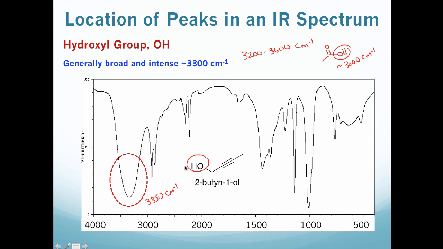That corresponds to the OH, and that's because this OH bond is stretching. It absorbs that energy, giving us this peak on the spectrum. Now we can go through and identify the alkyne and some other things in the spectrum, but we'll get to that later. We're just going to look at specific functional groups right now, one at a time.